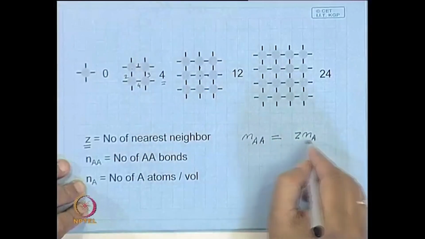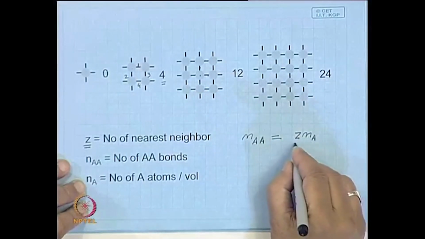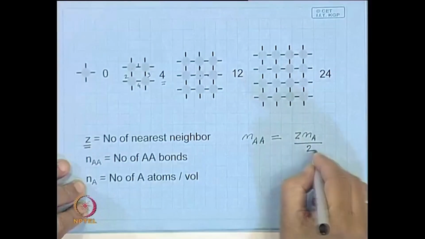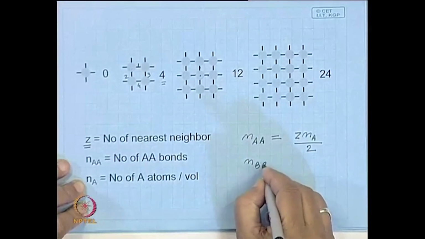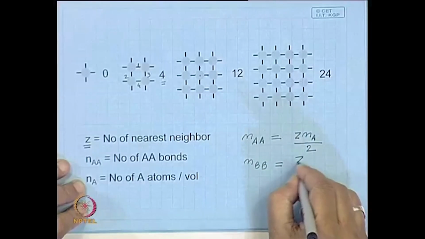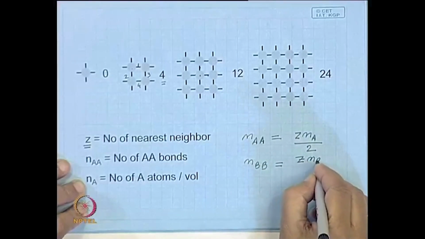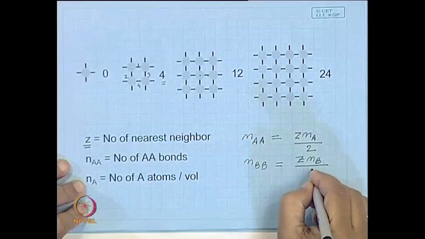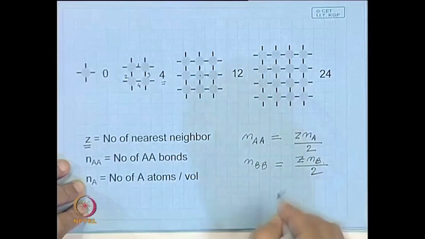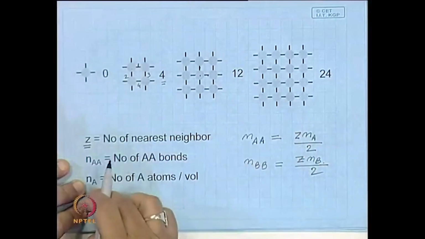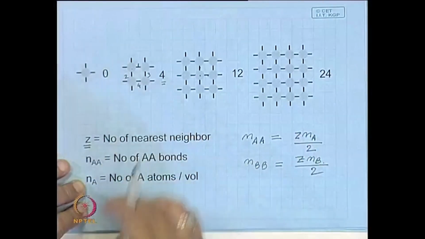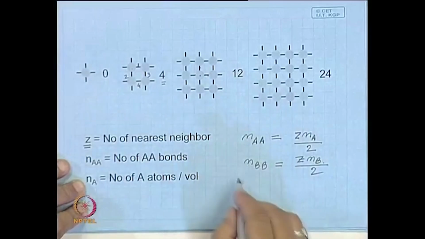So the number of AA bonds will be Z N_A over 2. Similarly, you can find the number of BB bonds, this will be Z times N_B over 2.